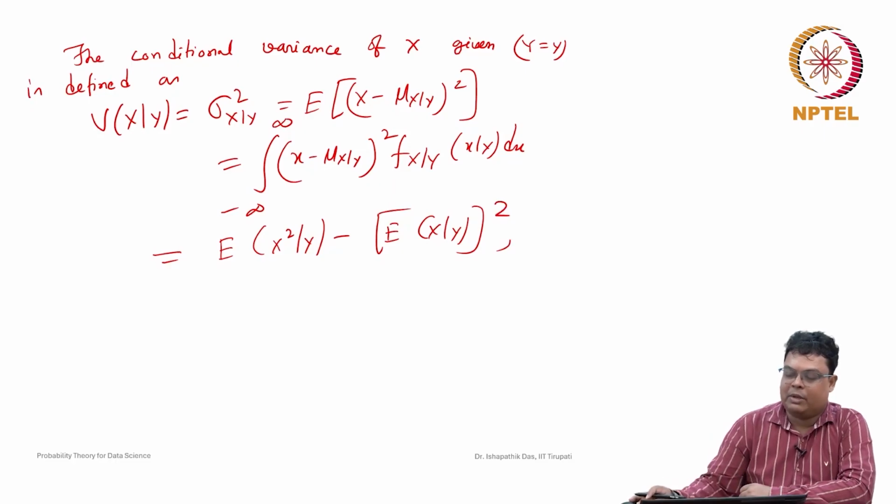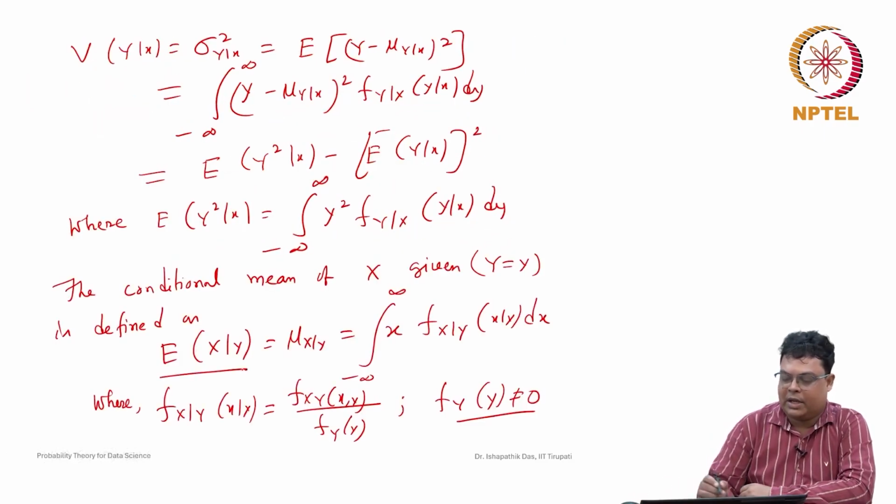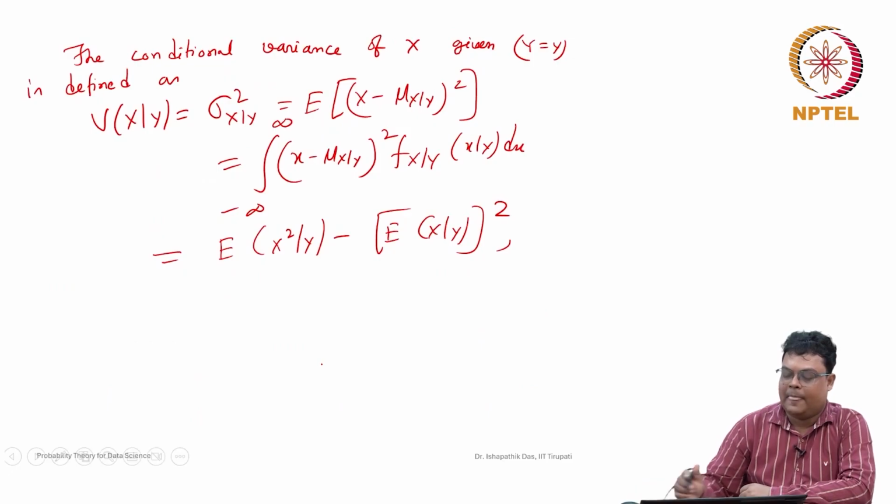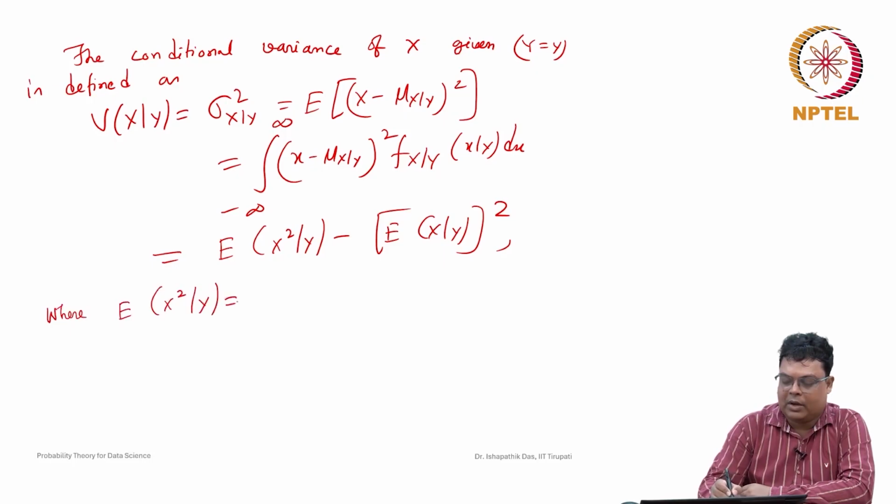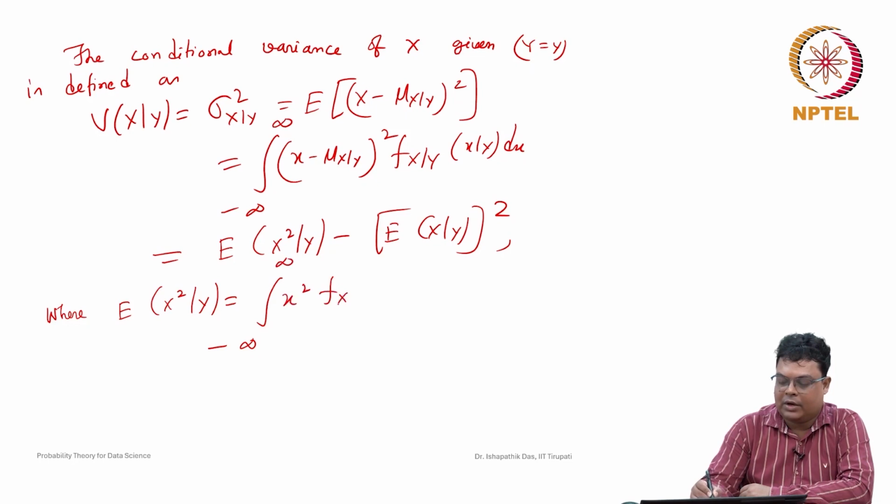The expected value of x given y is the conditional mean mu x given y, and the expected value of x square given y is the second order conditional mean, which is the integral from minus infinity to plus infinity of x square times the conditional density function of x given y, dx.